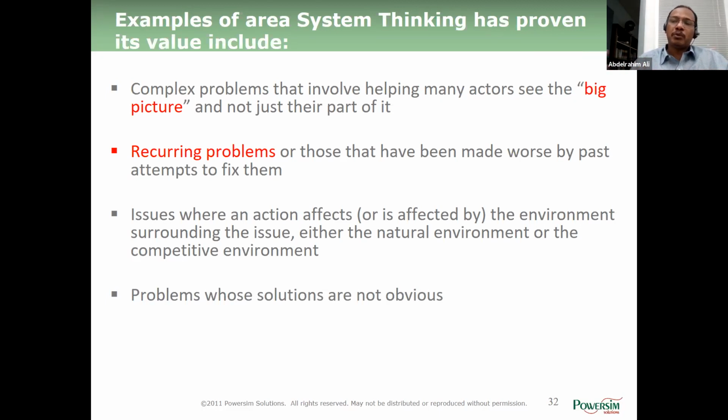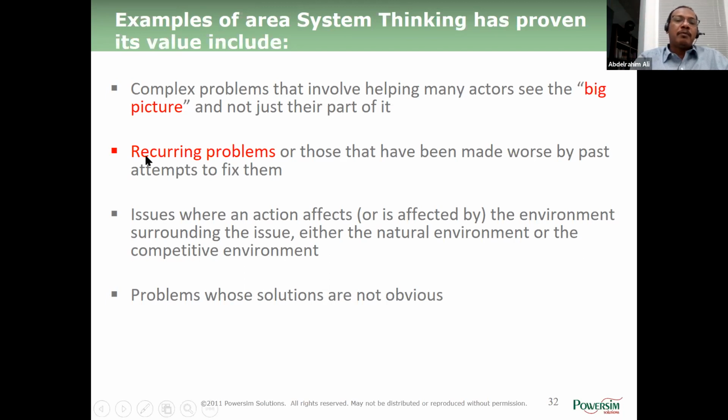You identify the stakeholders and work with them to come up with conceptual models before you go to the mathematical models. When you do this with people, you help them see the big picture, and sometimes only doing the conceptual model is very helpful in addressing the issue.